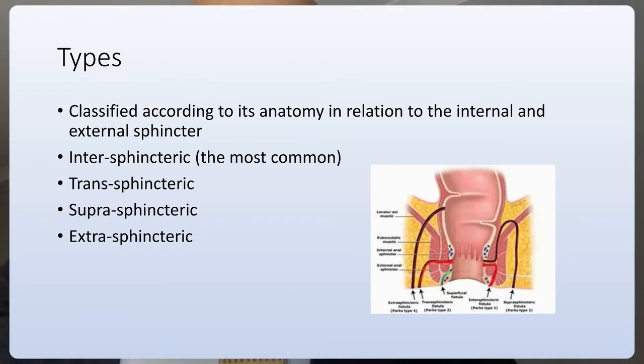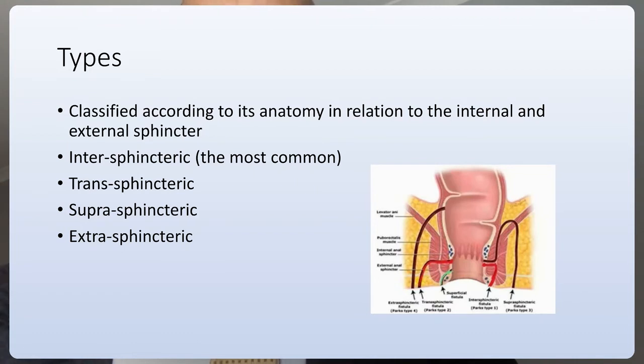And when you see a disease like that, you need to think about Crohn's disease and also cancers. Also, the suprasphincteric fistula, you need to be aware of the fact that some of them are caused by Crohn's disease, because the majority of the other fistulae are either intersphincteric or transsphincteric. The suprasphincteric and the extrasphincteric are the complex ones.